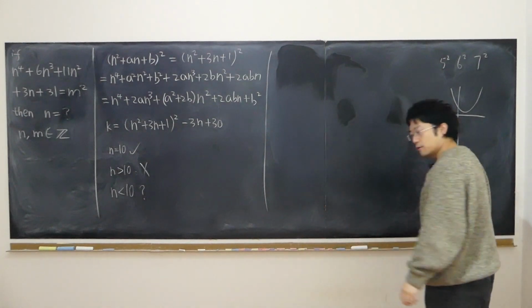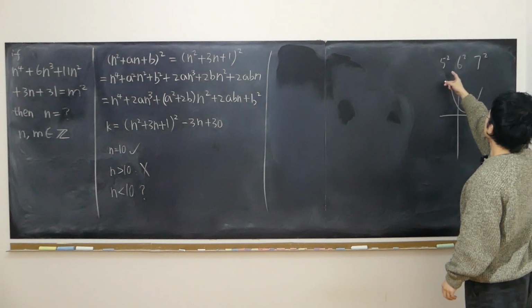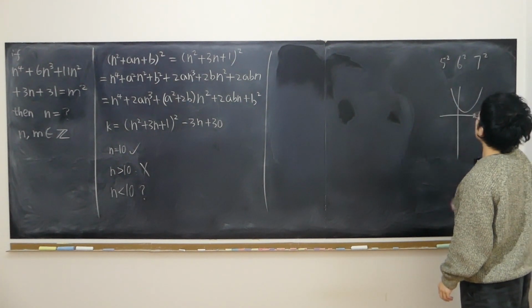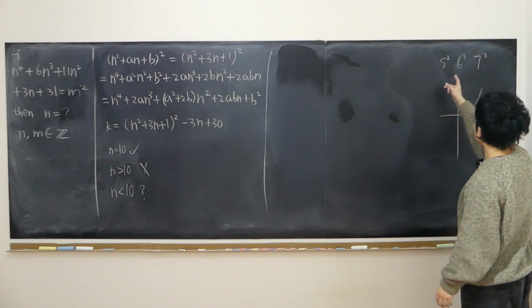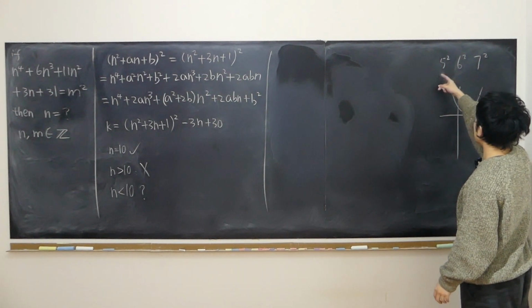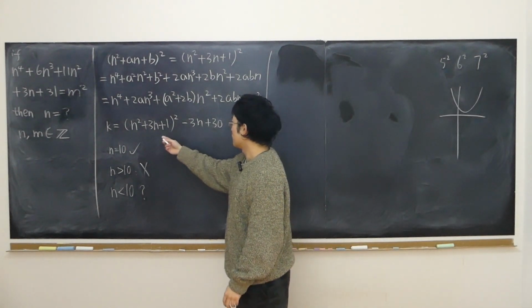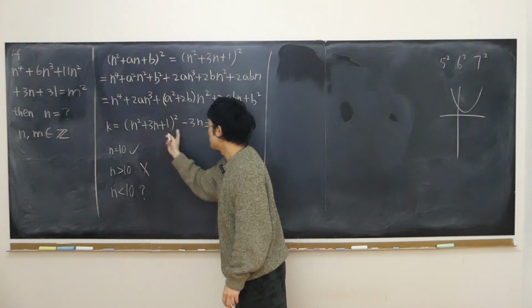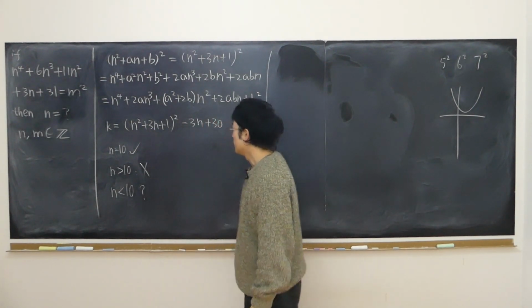It's just like the number is stuck strictly in between 5 squared and 6 squared, cannot be less than or equal to 5 squared at all, right? Strictly stuck in between this perfect square and the previous perfect square, that is (n squared plus 3n) quantity squared. That's why.